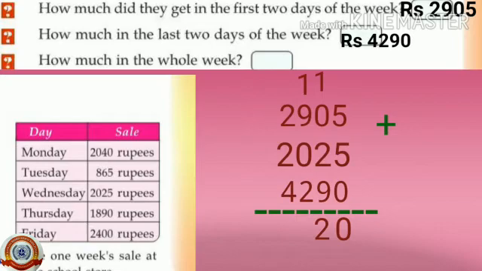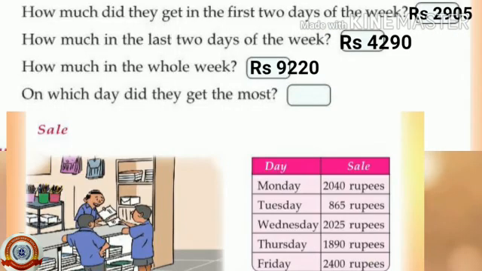Plus 1, 12. For 12, 2 here and 1 is to be carried in the thousands place. 2 plus 2, 4. 4 plus 4, 8. 8 plus 1, 9. 9,220. How much did they get in the whole week? 9,220 rupees.